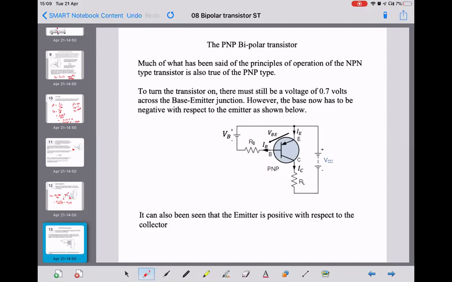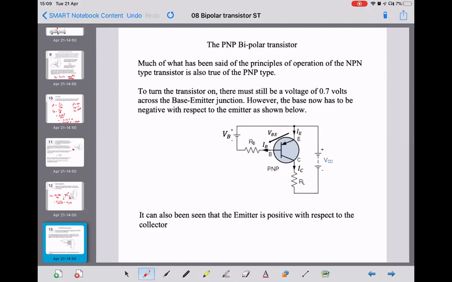So you can see that the little VB battery is the opposite way round. So the base terminal is negative with respect to the emitter terminal, and the emitter is also positive with respect to the collector. And so we get the collector current flowing from the emitter through the transistor and out into the collector and through the load in that diagram.